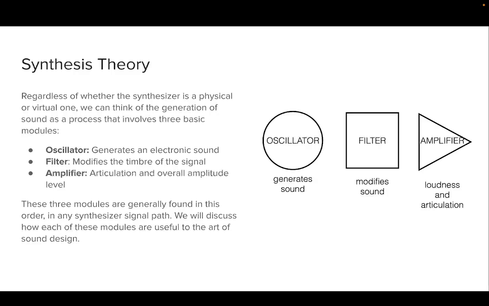These three modules are generally found in this order in any synthesizer signal path. We will discuss how each of these modules is useful to the art of sound design.